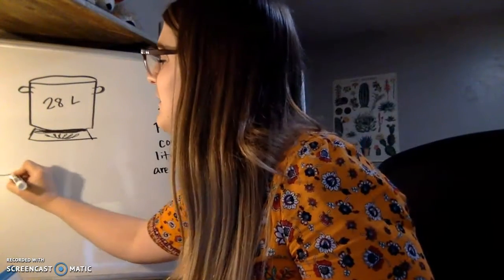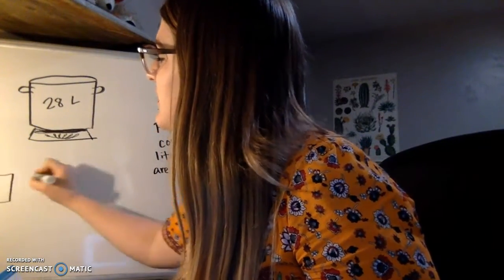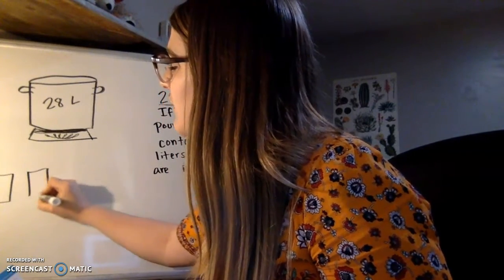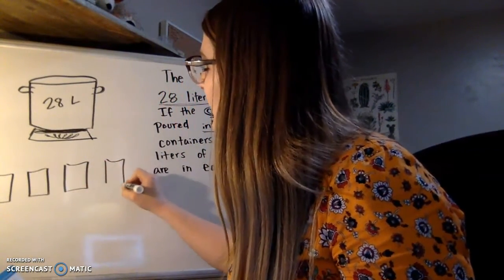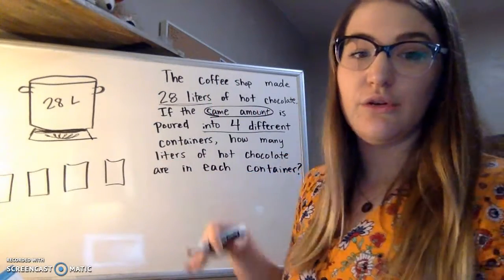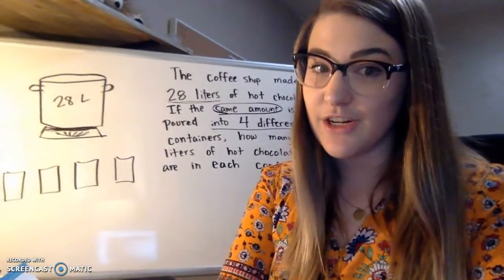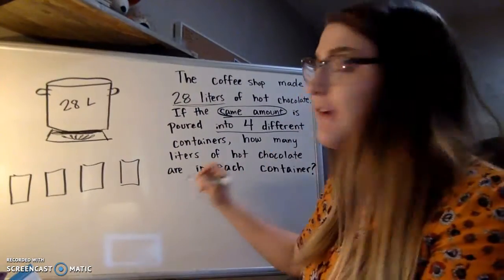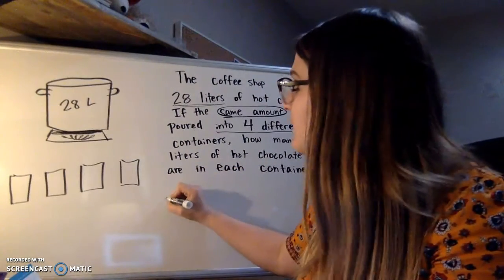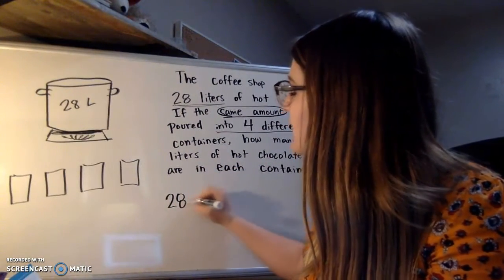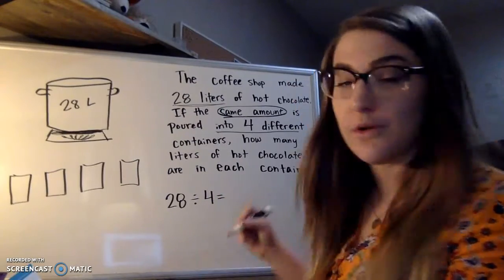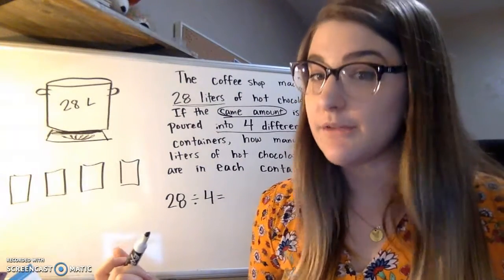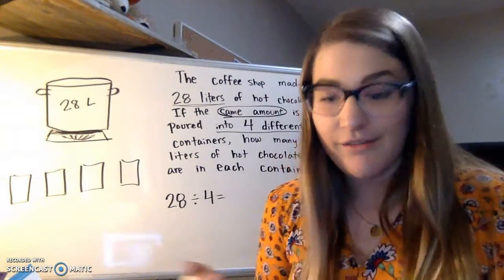So, let's say we had some big old tall hot chocolate mugs or something, and we have to pour the same amount into those 4 different containers. So, to write that in our equation, we would write 28 divided by 4 equals, now there's a couple of different ways that you can solve that.